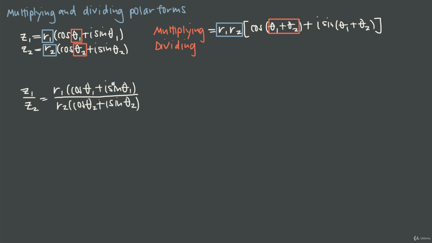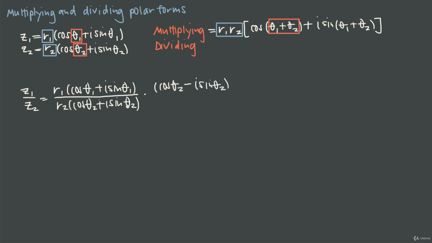And then to solve this in the same way that we found the formula for the product of complex numbers, we would multiply this fraction on the right by the complex conjugate of the denominator. So we would multiply both the numerator and denominator by cosine theta sub 2 minus i sine of theta sub 2.